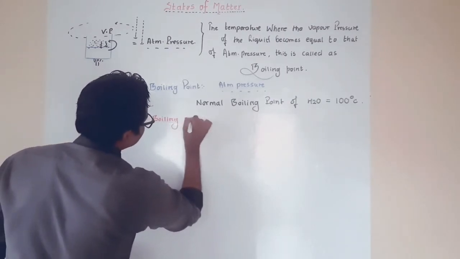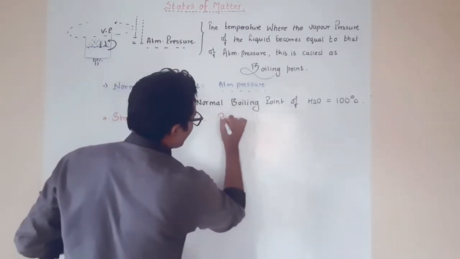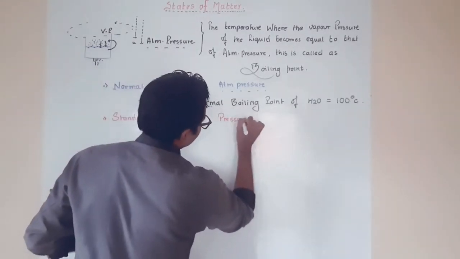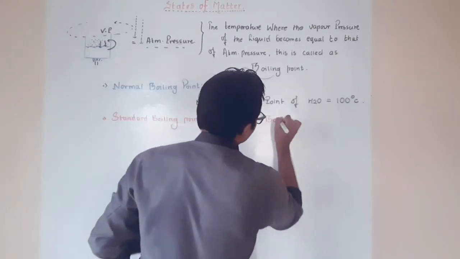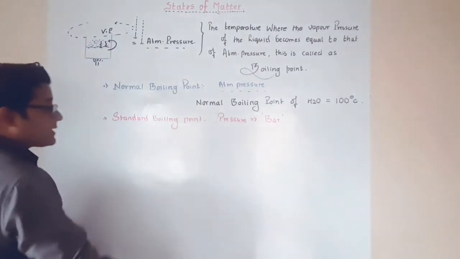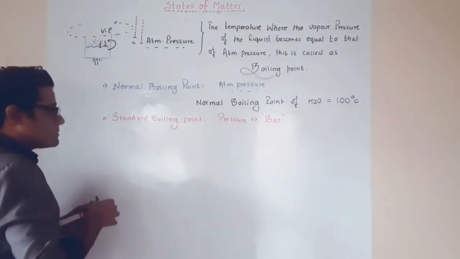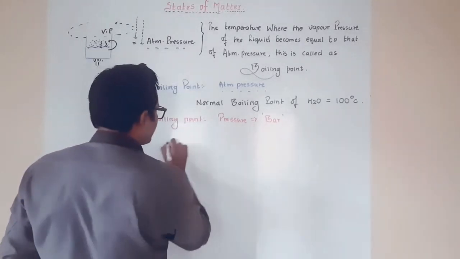When we consider the standard boiling point, the pressure of the surroundings is measured in terms of bars. Whatever the boiling point becomes at that point is called the standard boiling point.